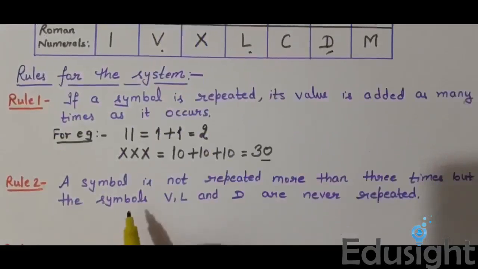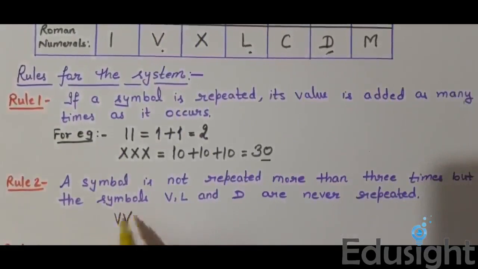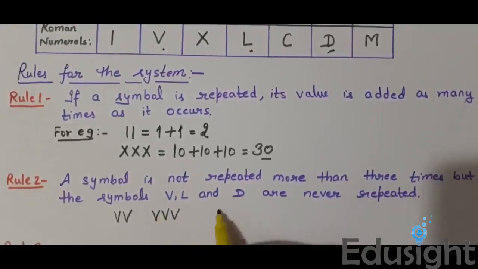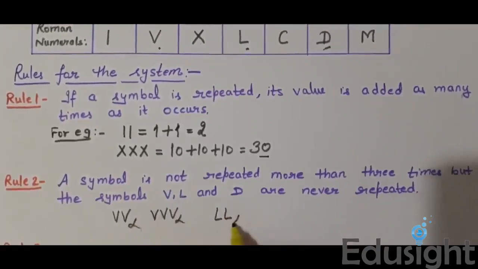That means I cannot write a Roman numeral in this form, with V repeated 2 times, or in this form. Similarly, L and D are never to be repeated. I cannot write this. These are all meaningless.